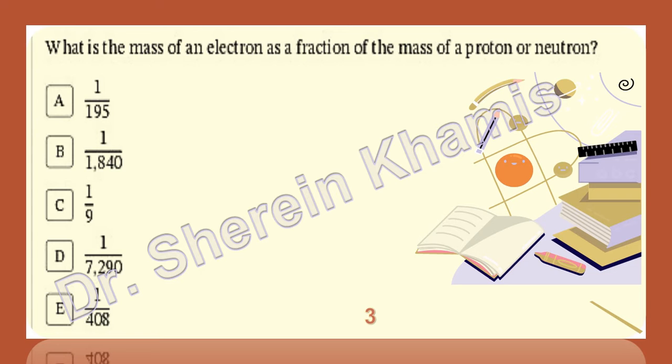So what is the electron compared to the proton and neutron? The mass of the electron equals 1 over the sum of both protons and neutrons. So the right answer is letter B, 1 over 1840 atomic mass unit compared to the proton and neutron, so it is a very small mass compared to the proton and neutron. Okay, let's go to question 4.